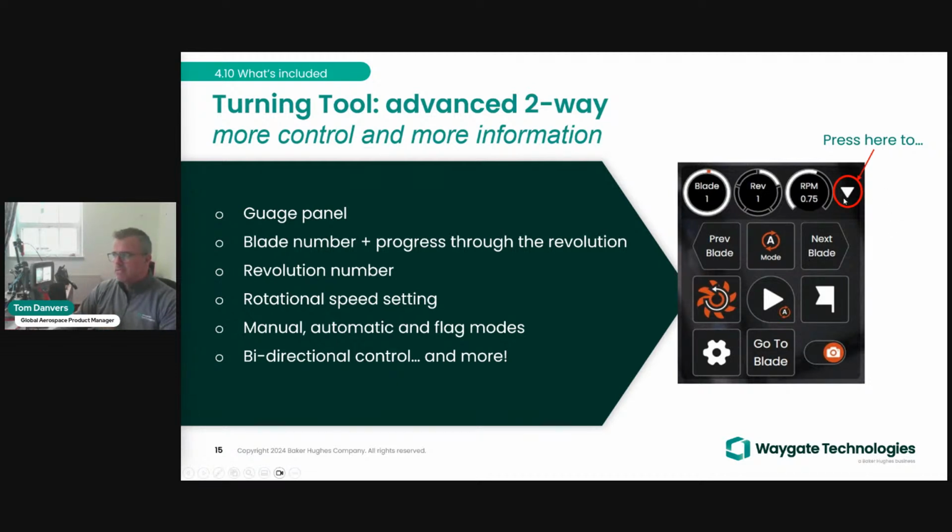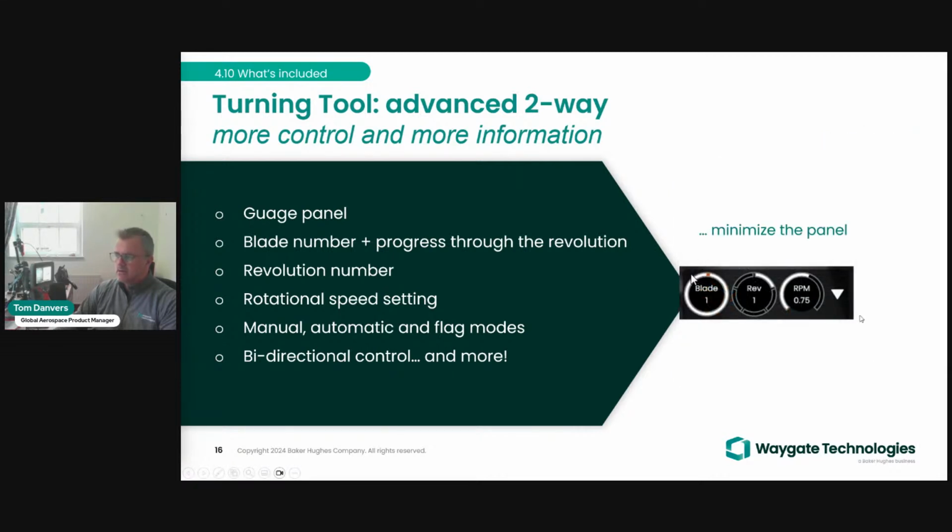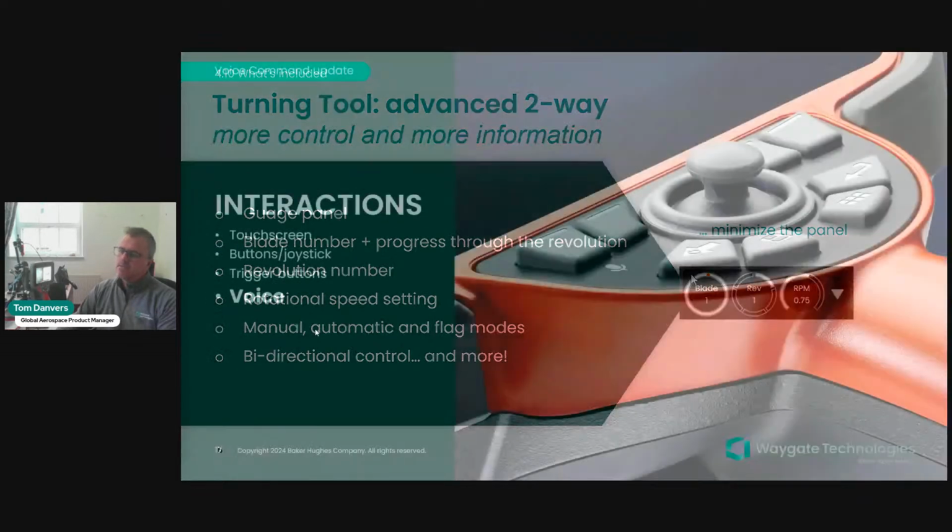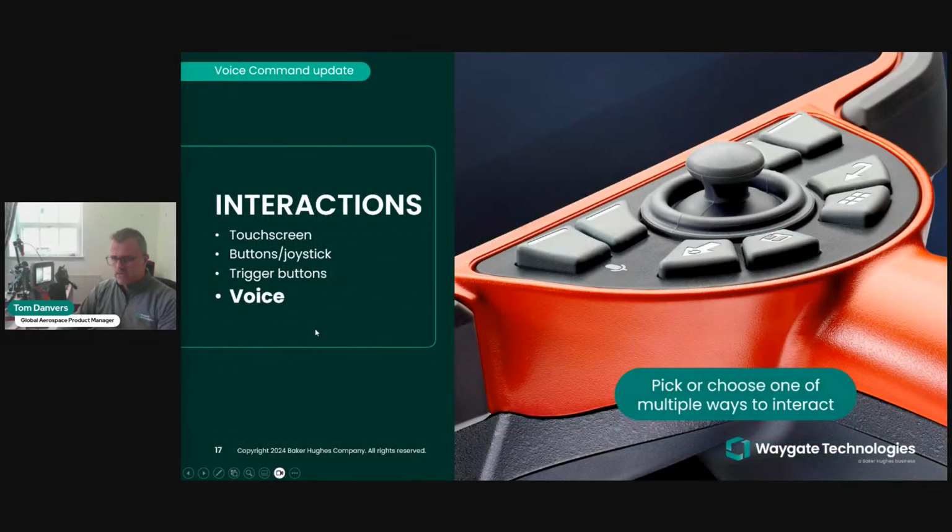If you press this minimize button, you just get the gauge appearing on the bottom of your screen. It's a much smaller footprint, allowing you to concentrate and focus on the inspection rather than be hampered by all these buttons. So that's turning tool, advanced two-way.